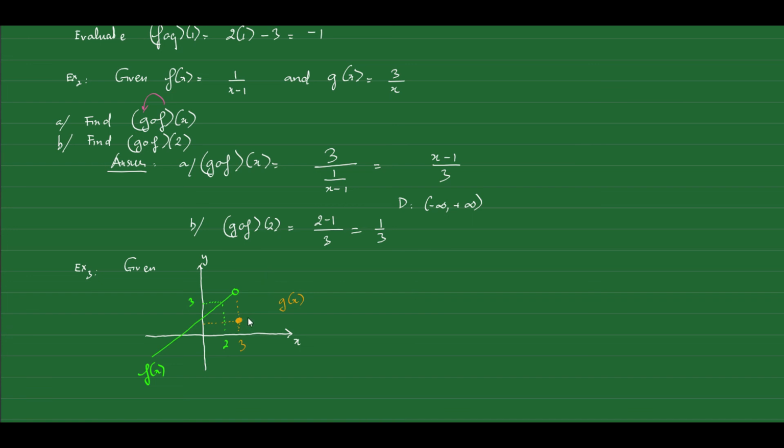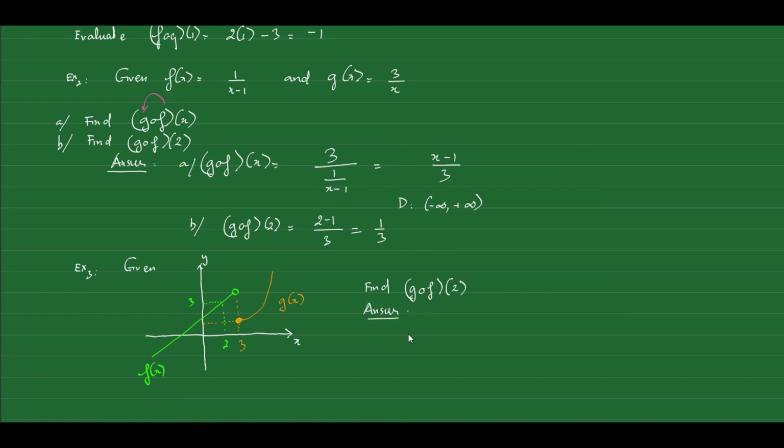Let me redraw it. Okay. Now the question is, find g of f at 2. Alright, now I have a function like this. I have the graph, so it means that we gotta find f of 2 first.